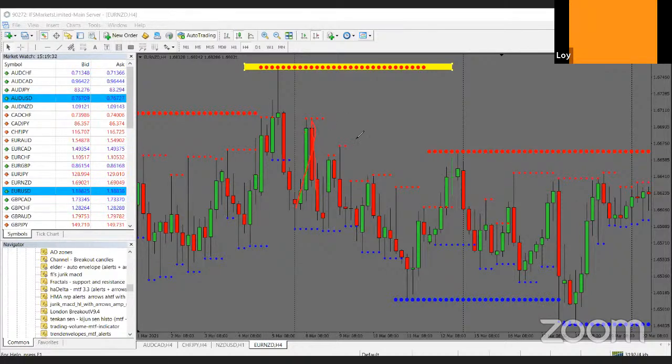Usually for those of you who use at least a 2-bar reversal pattern, that means an engulfing bar, a train track reversal, or any other, you should be able to catch it. The only price action that you can't catch, which I myself use, is the pin bar, because a pin bar is a 1 candle formation.